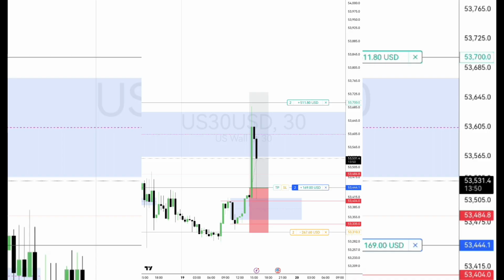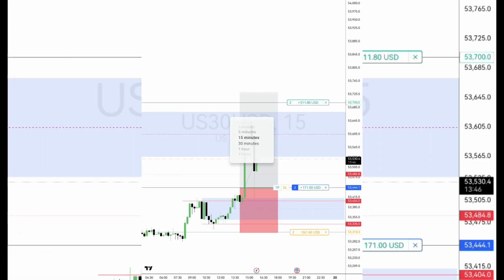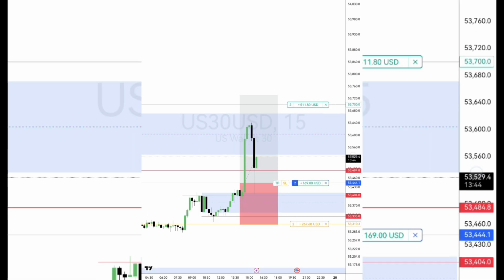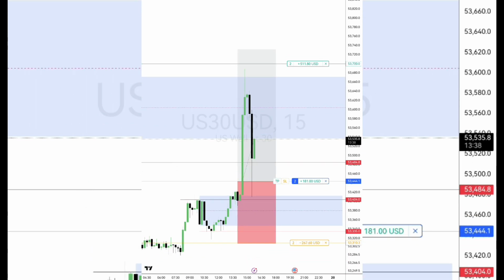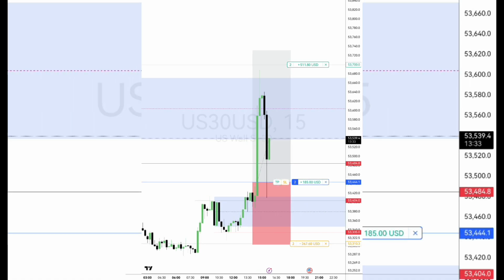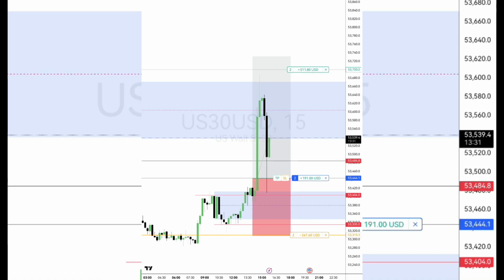Yeah, you can be taken out of this trade and still price goes the way you anticipated it should go. Why? Because you didn't do proper stop loss placement. You did not place your stop losses properly. But this looks nice. It looks beautiful. We are 183 US dollars in profit right now.